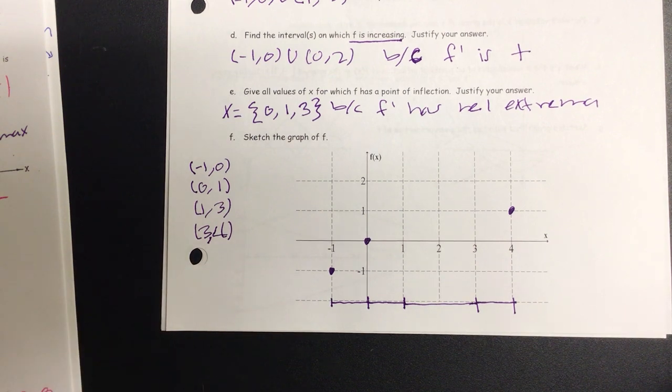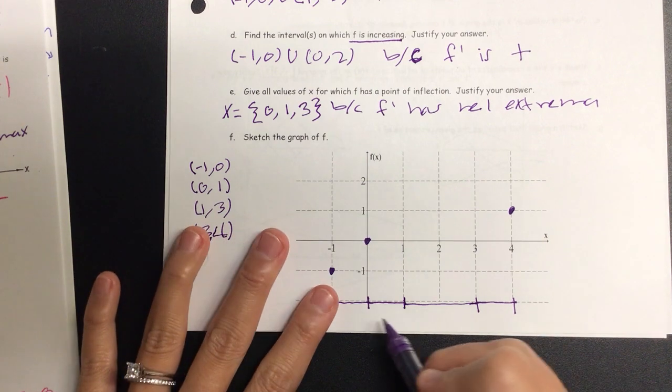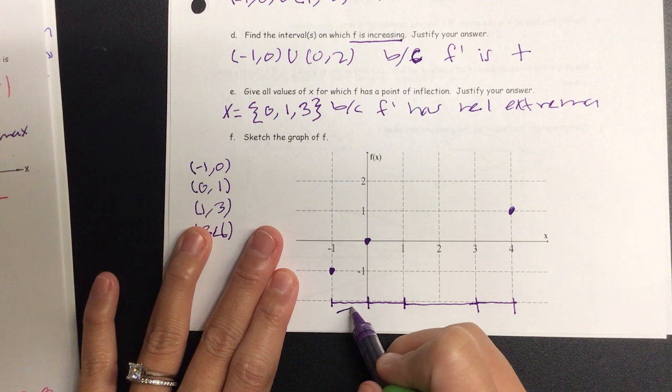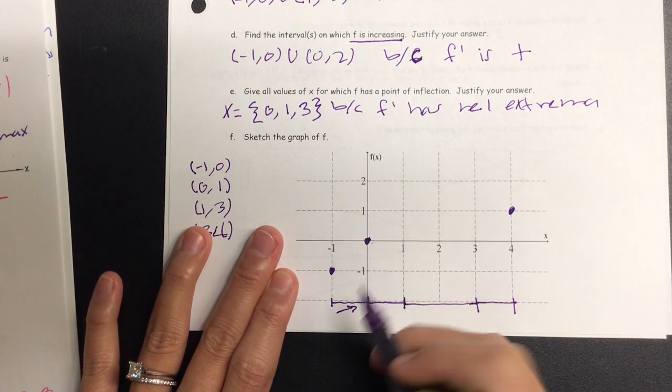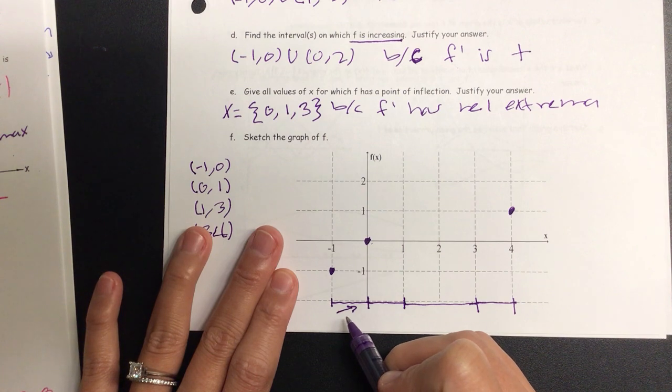And if it is positive, is my graph going up or down? Okay, the graph is going up, that is correct. And does it make sense that these 2 points are going up? And then is it concave up or concave down? Concave down.